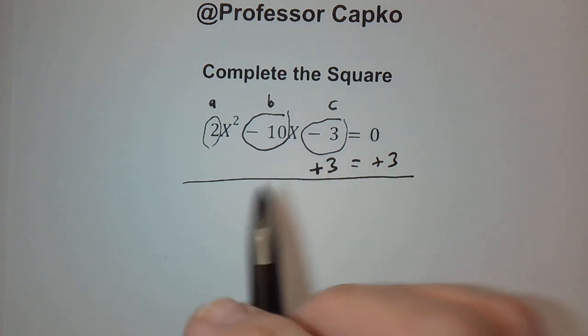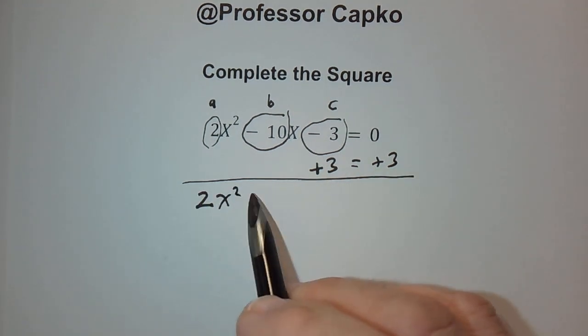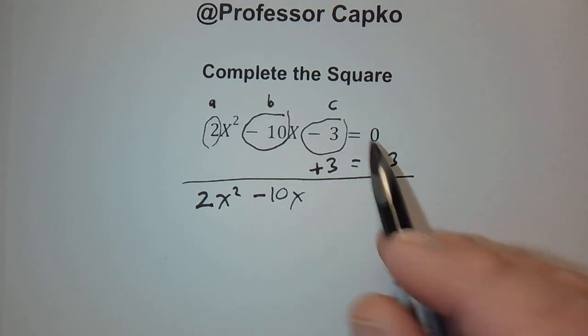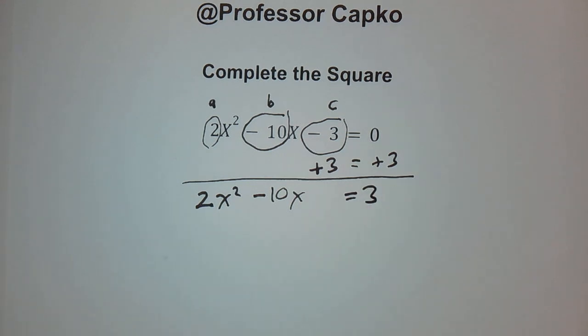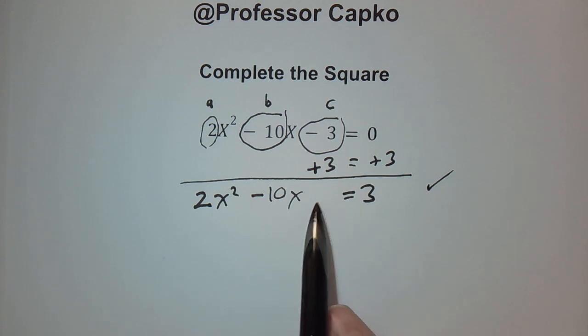That way we've done the same thing to both sides. And I'm going to rewrite it. 2x squared minus 10x. Negative 3 plus 3 is 0. And then 0 plus 3 is 3. So step 1, check, completed. We always start out with moving that constant term to the right-hand side.